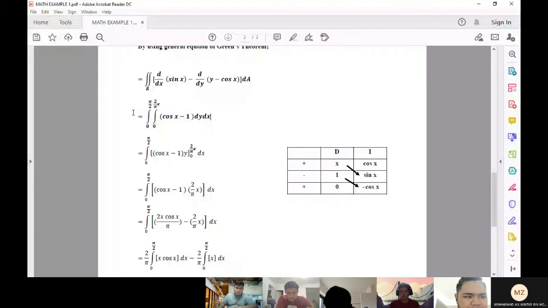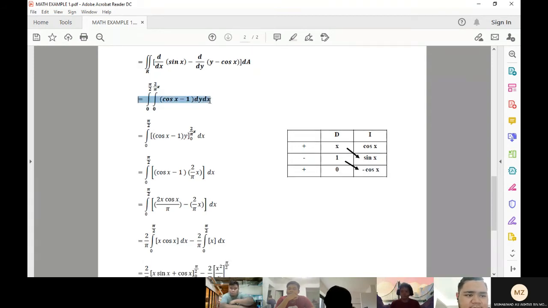We get the equation: integrate x from 0 to half pi, and y from 0 to 2 over pi x, of cos x minus 1 dy dx.